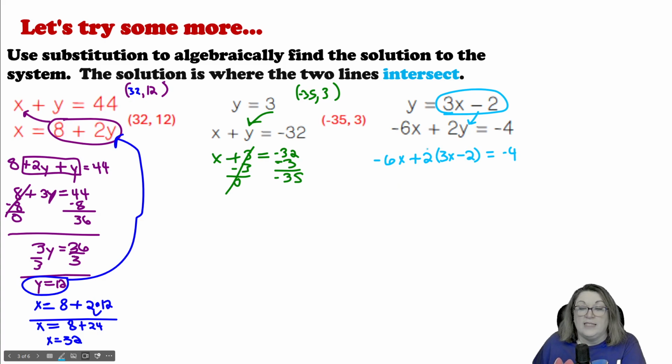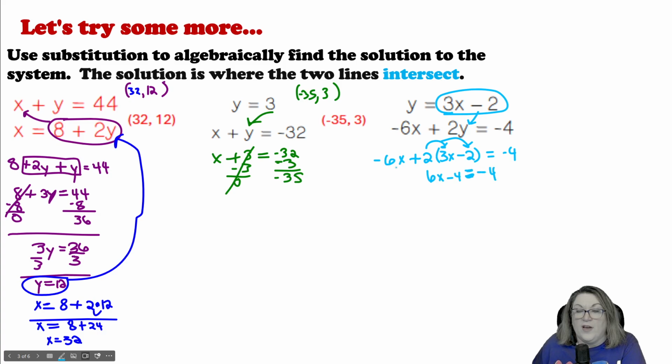Now we're on our DCMAM steps. And of course, D comes first, distribute. So we're going to distribute this 2 and multiply that out. So 2 times 3x is 6x, and 2 times this negative 2 is negative 4. And all of that is equal to negative 4 on this side.